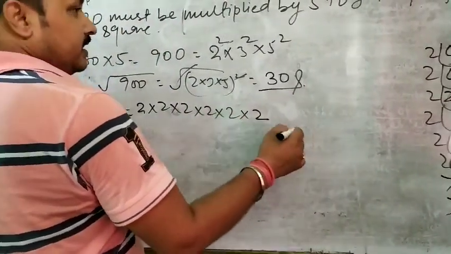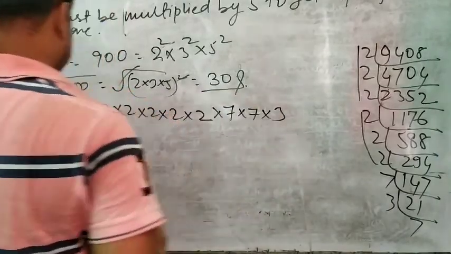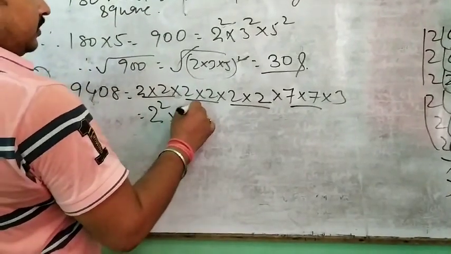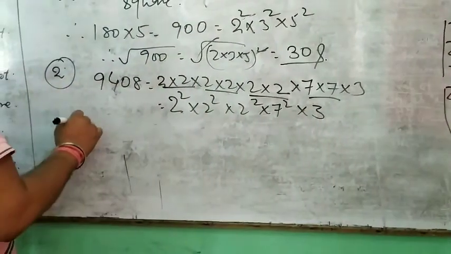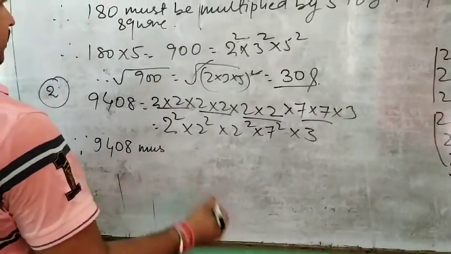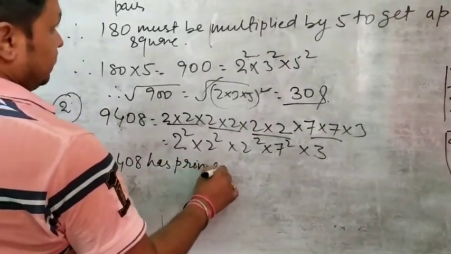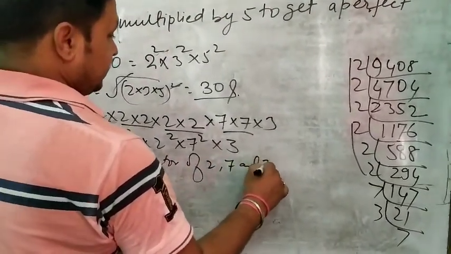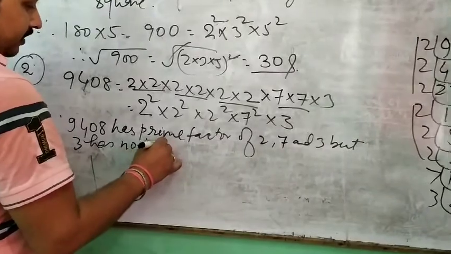So the result is 2 into 2 into 2 into 2 into 2 into 2 into 3 into 7 into 7. So it has 3 pairs of 2s and a pair of 7s, but 3 has no pair. So 9408 has prime factors of 2, 7 and 3, but 3 has no pair.